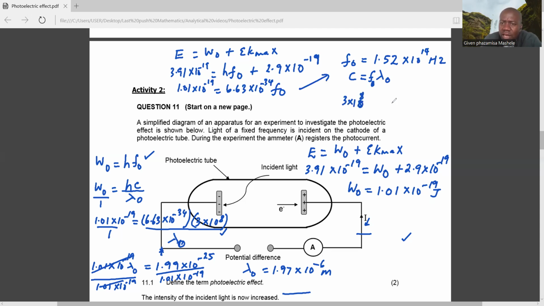So 3 times 10 to the power of 8 divided by 1.52 times 10 to the power of 14 will still give us 1.97 times 10 to the power minus 6 meter. Still, there is no problem with that. It depends on what you're actually given, guys.